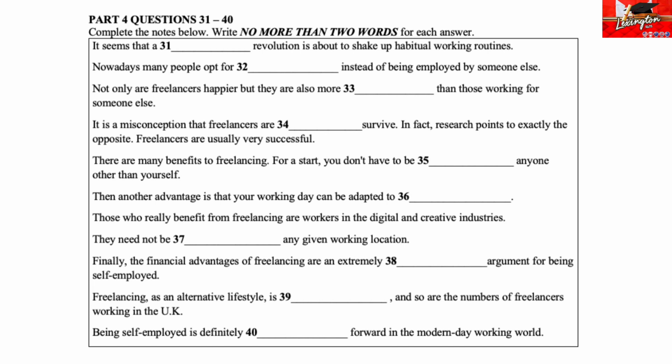Those who work in creative and digital industries stand to benefit most from working freelance. In these fields, workers are at liberty to choose their ideal working location, as they are not restricted to working in a set place. It really is an ideal lifestyle that many would aspire to if they were more aware of the options available to them.